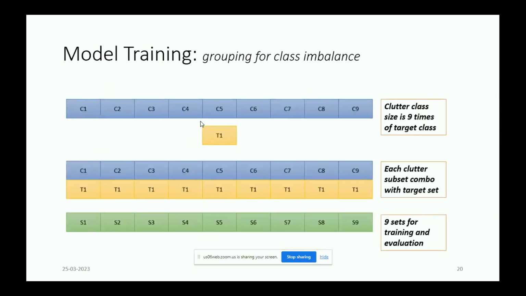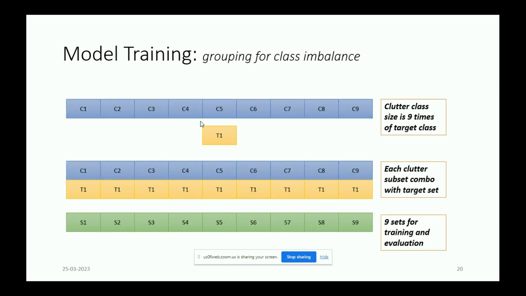Once we decided the parameters and configuration of our models, there was still one issue we were facing, because there is still a class imbalance between the clutter and the target class. The clutter class sample size is 9 times that of the target class.